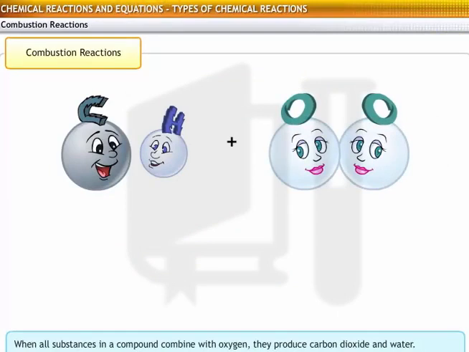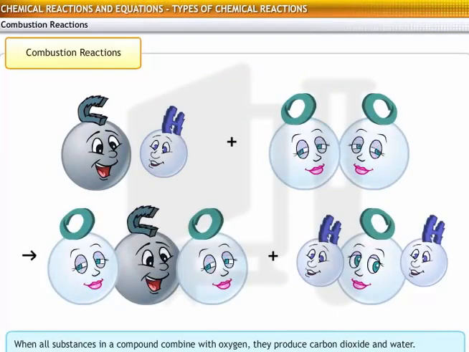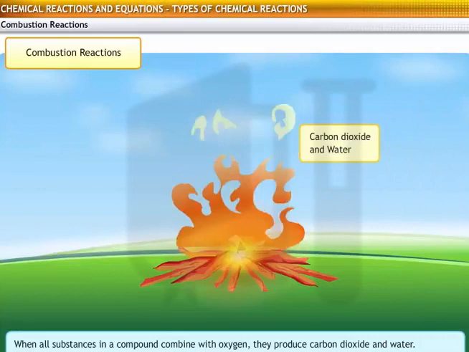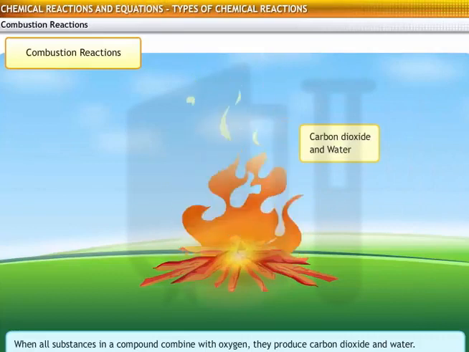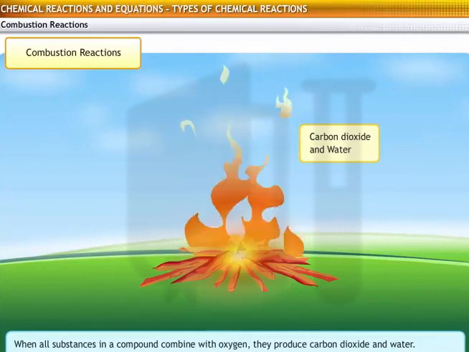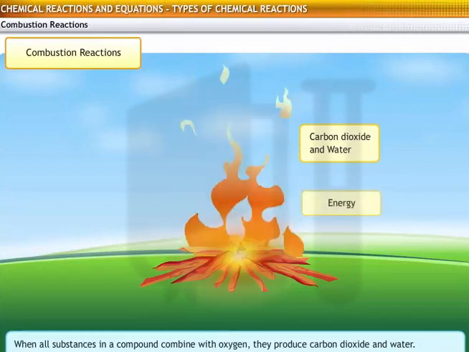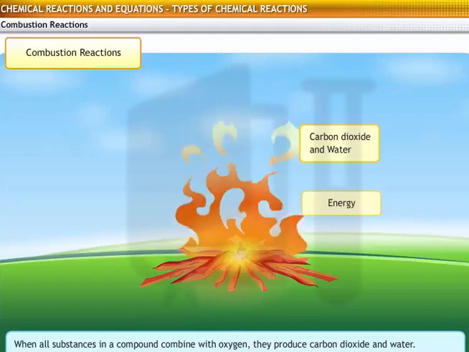However, in a combustion reaction, there is no exchange. In a combustion reaction, when all elements in a carbon compound combine with oxygen, they produce carbon dioxide and water. Thus, combustion reaction is the burning of a substance in the presence of oxygen, resulting in the release of energy, carbon dioxide, and water.